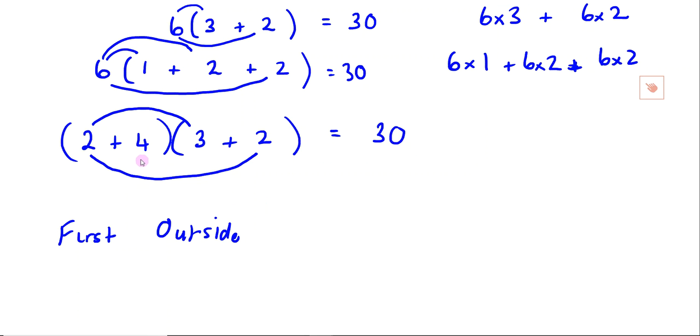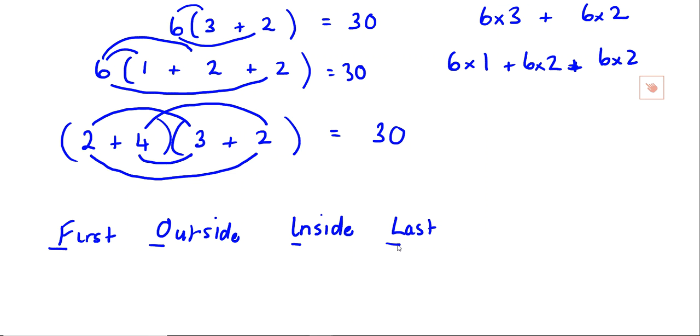Then I've got to do 4 lots of 3, which is the inside numbers, and then I've got to do 4 lots of the 2, which is the last numbers. Now, if you take those first letters, you'll see it spells out FOIL, which is how a lot of people remember.